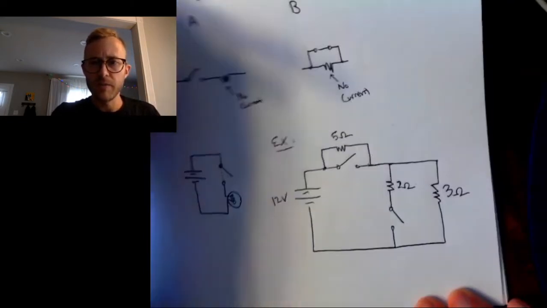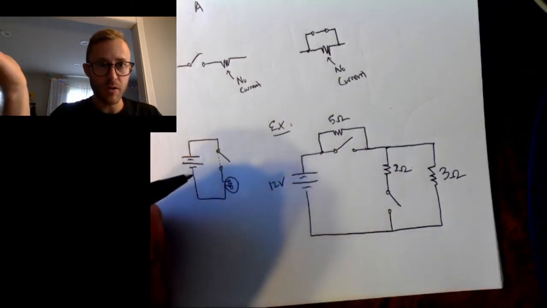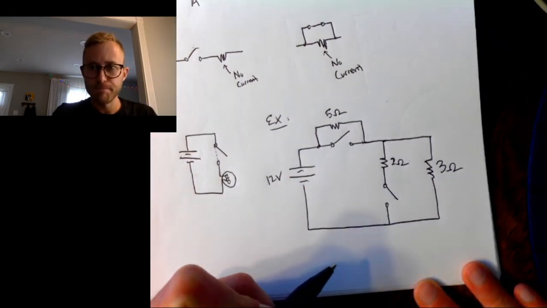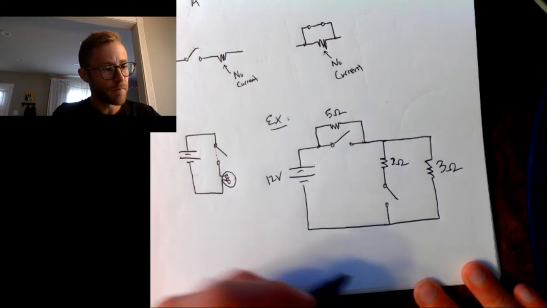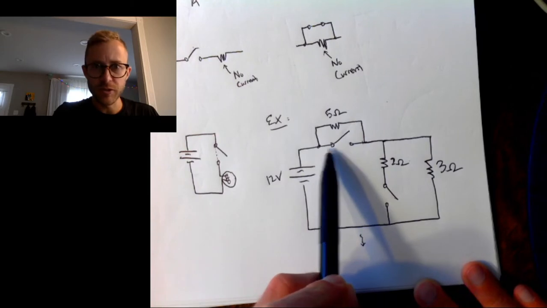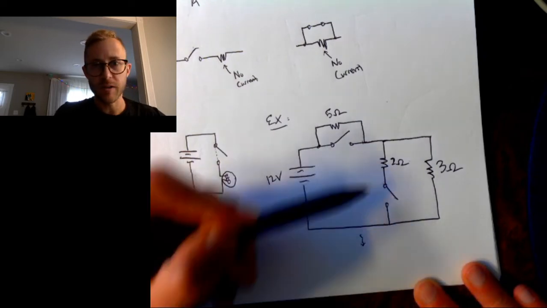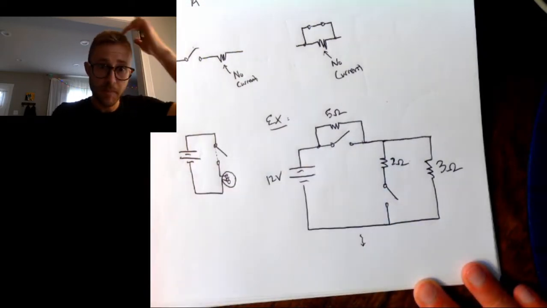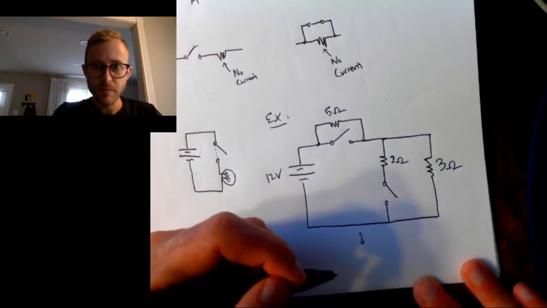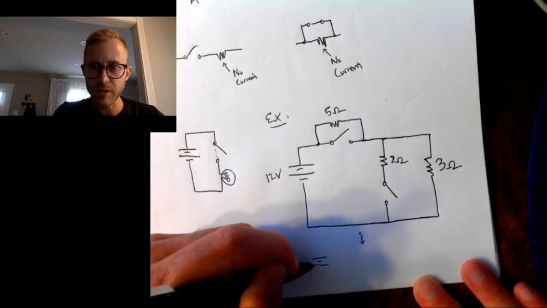So what if I have this circuit right here, and I want to find the current when both switches are open, okay? So when both switches are open, because this switch is open, no current can flow through this branch of the circuit anyways, and also no current can flow through this branch of the circuit. So what that means is that this circuit is basically the same as this one.